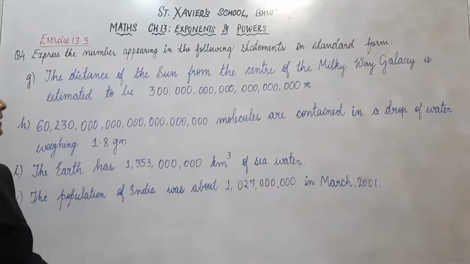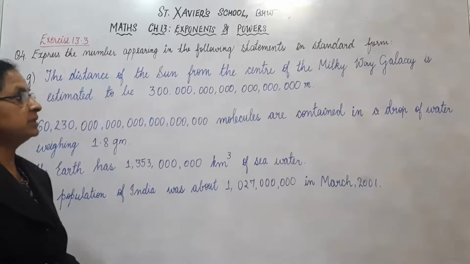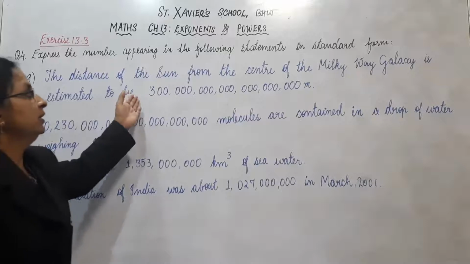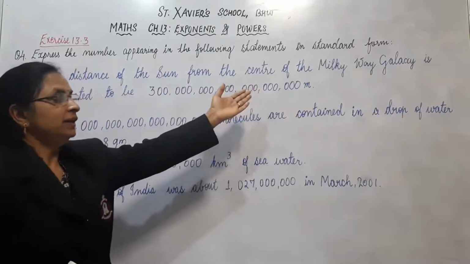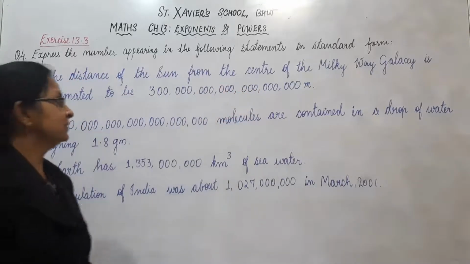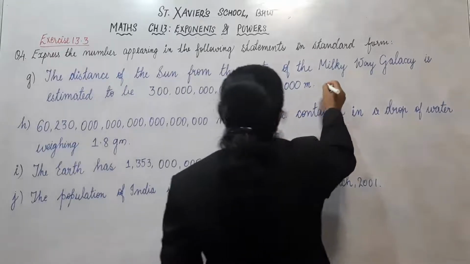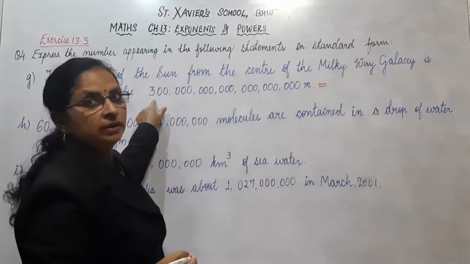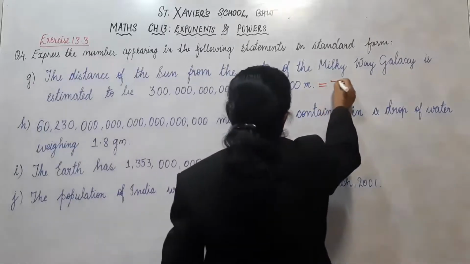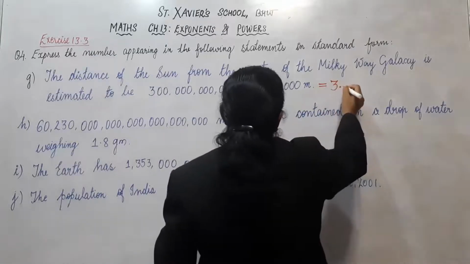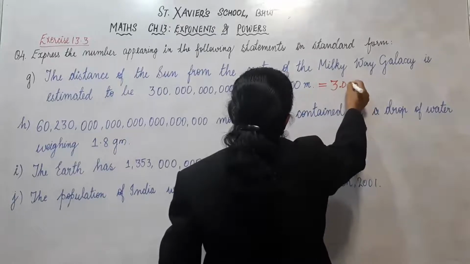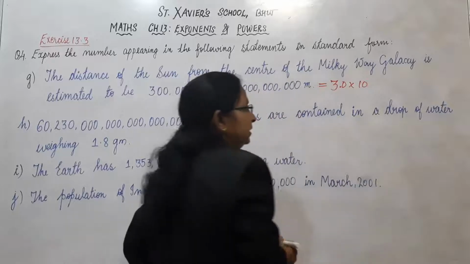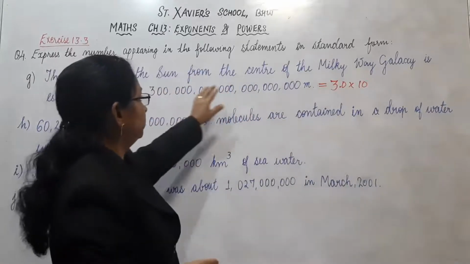Next question. The distance of the sun from the center of the Milky Way galaxy is estimated to be so many meters. How can we express it? Now I want you to give the answer. First we have to write 3, then decimal. If you want you can put 0, otherwise directly multiply 10. Up to here we know. Now count the number of sets.